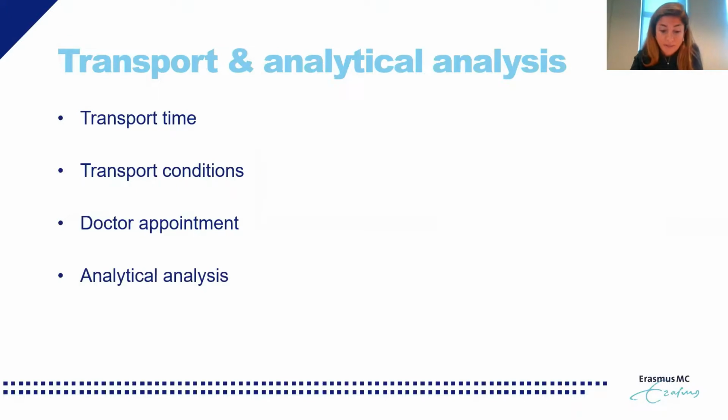So after the patient has performed their blood sampling, the DBS card should be sent to the hospital by mail. But when implementing DBS, one should consider the time that it will take to reach the laboratory, as well as the sample stability during transport and the transport conditions.